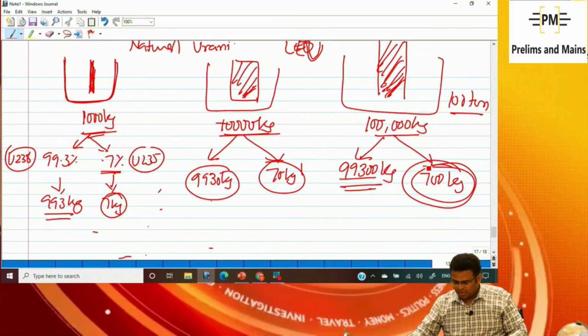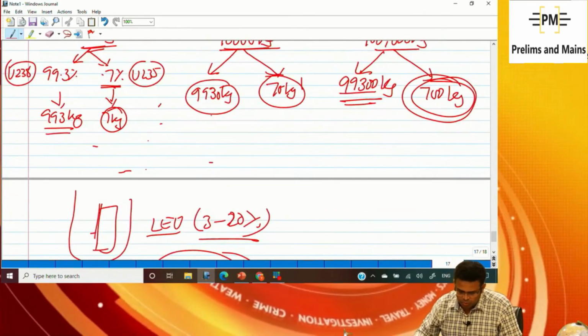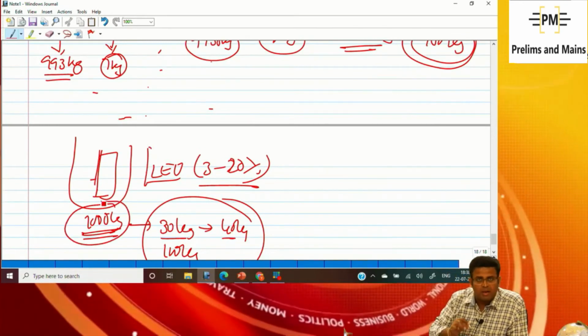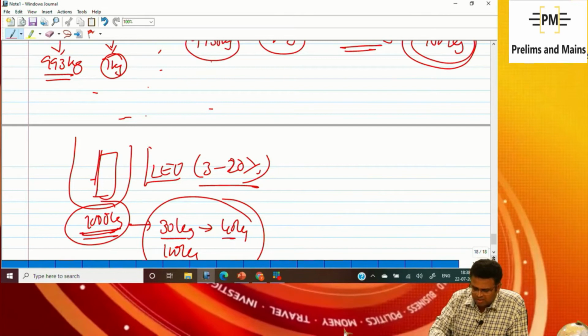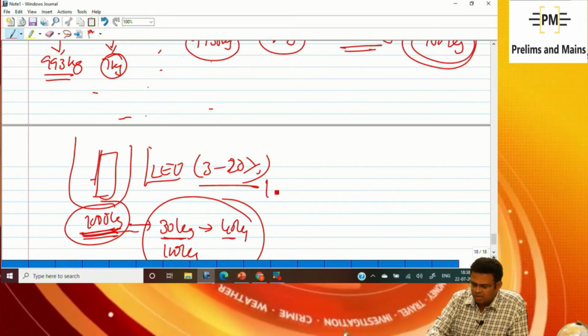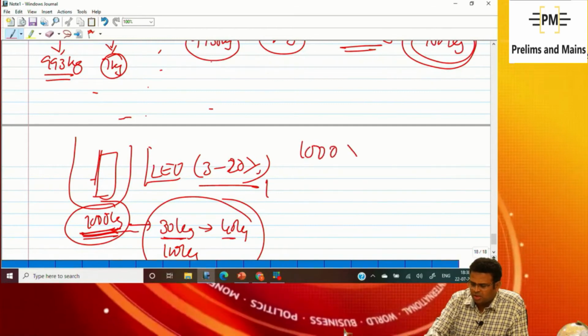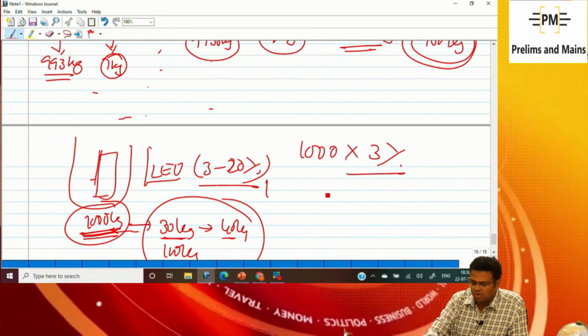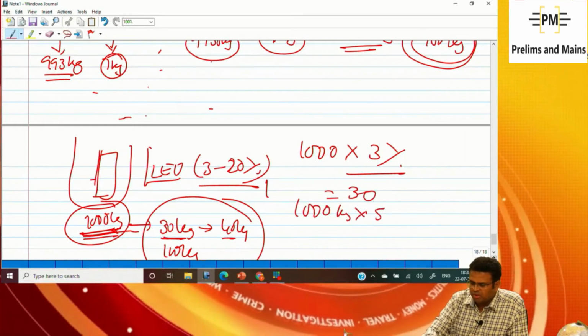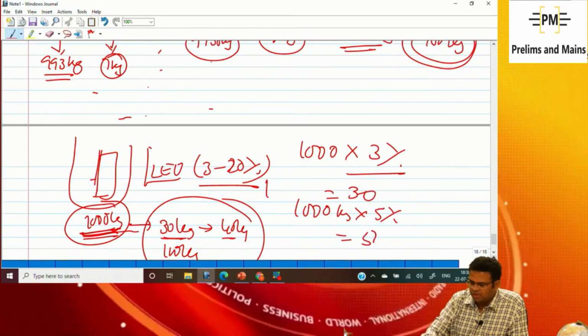Listen to me carefully. Which one is better? Low enriched uranium: if I put 1000 kg, 3% of 1000 is 30 kg, and 5% of 1000 kg is 50 kg.